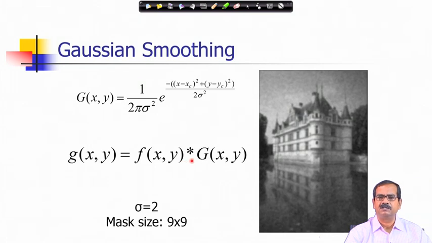This is a symbol which is usually used for the convolution operation. We denote this computation with the mask by this simple symbol, and this is the convolution operation. In this particular case, if the mask size is 9 cross 9 and your sigma value is 2, then using this Gaussian mask and the convolution operation, you can get a result like this.